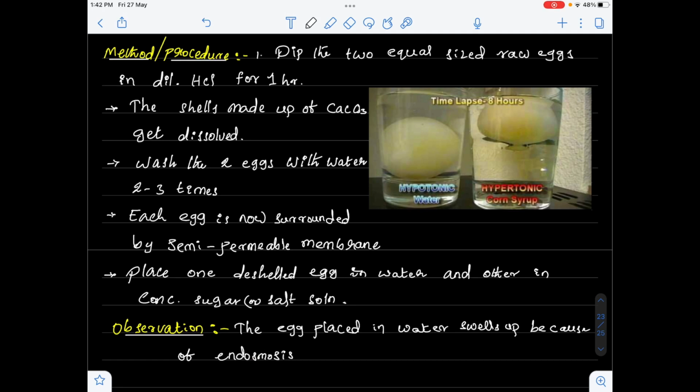The egg placed in salt solution shrinks. The egg placed in salt solution shrinks due to exosmosis.